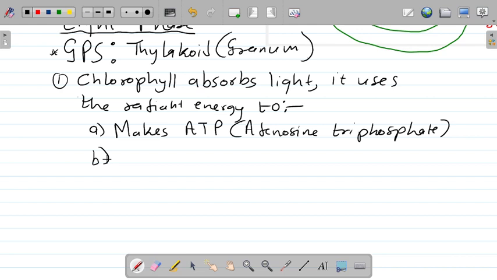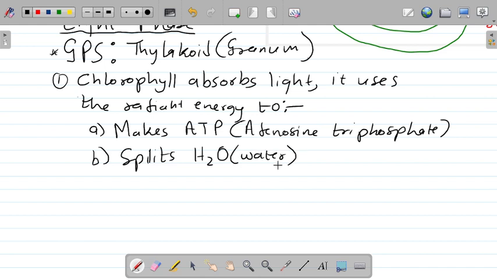Second miracle. Remember, Jesus once split bread for the thousands in attendance. Chlorophyll splits. It doesn't split bread though. Please don't write that chlorophyll splits bread. It splits H2O. What is H2O?